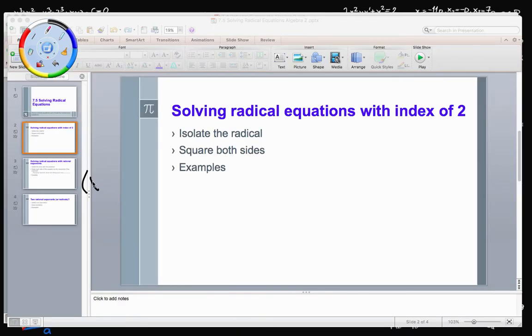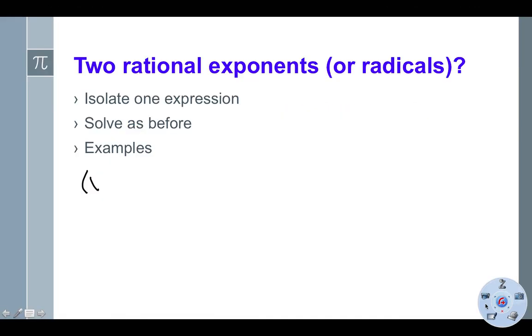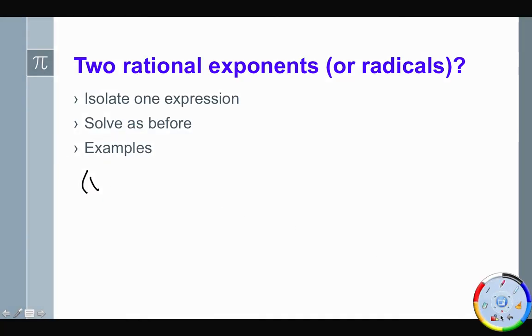We're going to get 2x plus 1 to the 0.5 power minus 3x plus 4 to the 0.25 power, and that's going to equal 0.